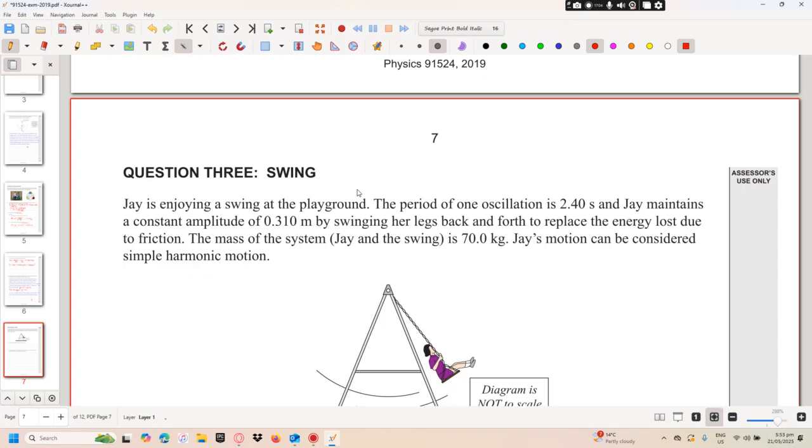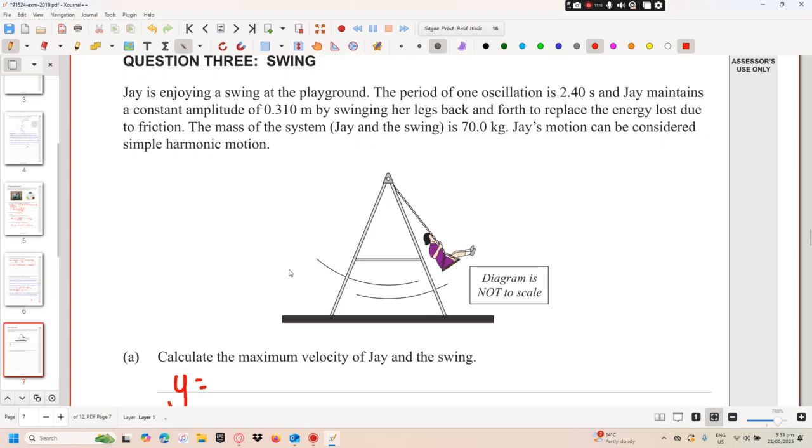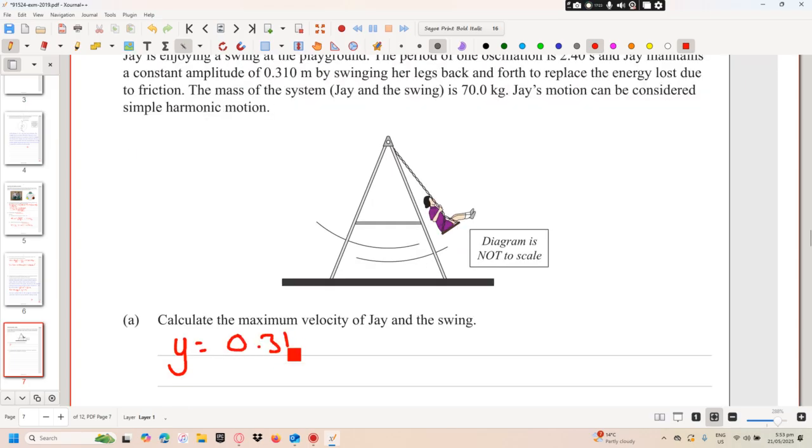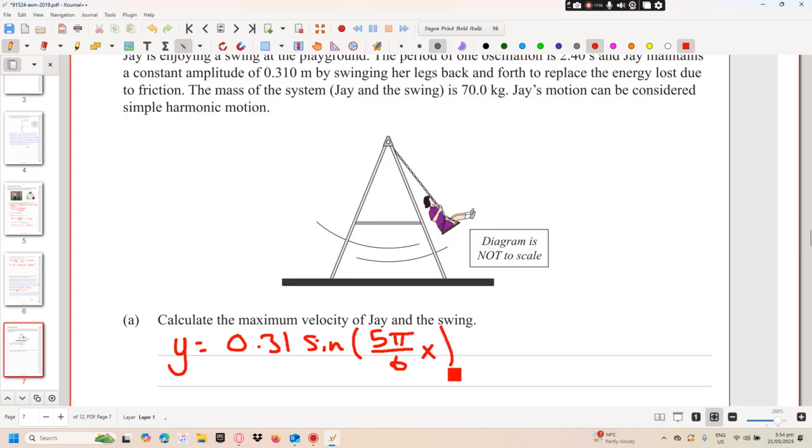Okay, so her displacement y is equal to 0.31 sine or cosine, depending on when you start, 2 pi divided by the period, which is 2.4, so 5 pi on 6 times the time x, plus some phase constant.